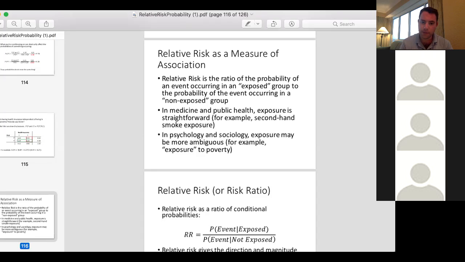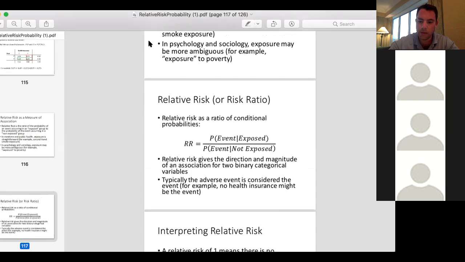And we can use events like having health insurance or not, or if someone's born into poverty, will they become poor as an adult? So we can use that as the exposure and the event. It's important as a first step when talking about relative risk to define what our exposure is and what our event is.